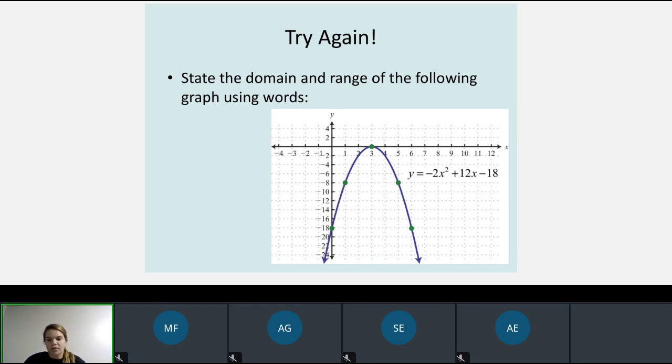Domain is all real numbers, exactly. Yeah, or you can put infinite, that's fine. Domain is all real numbers, so let's type that out. The domain is all real numbers.